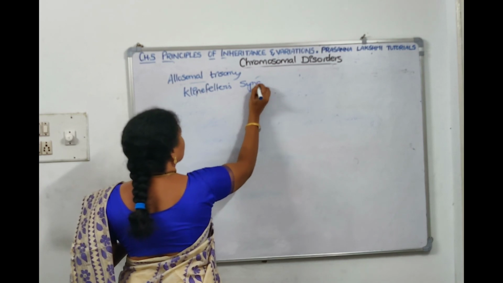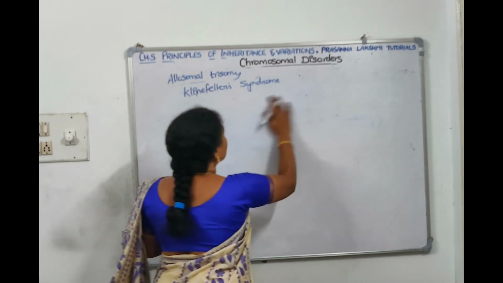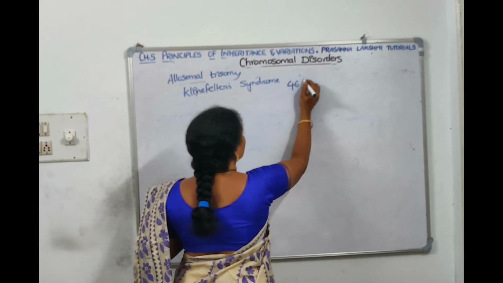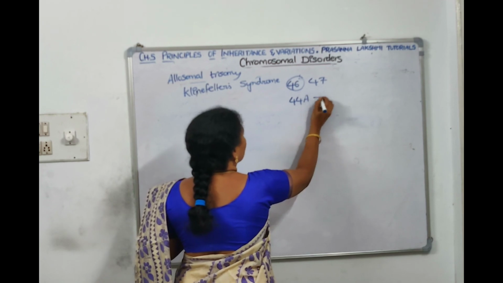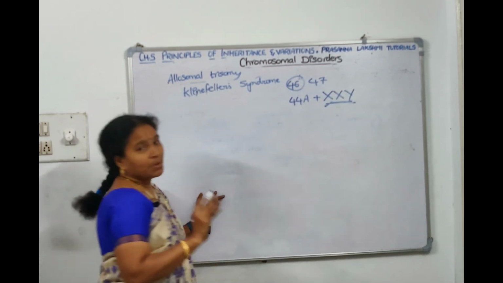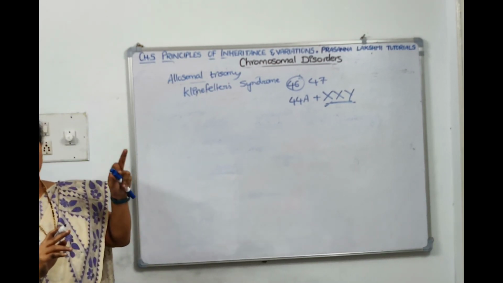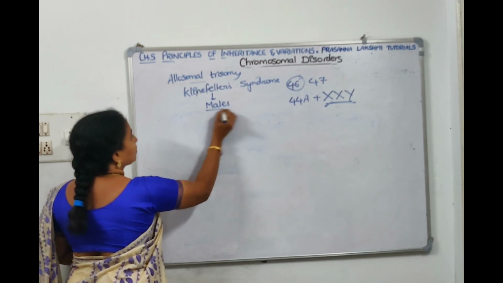Klinefelter syndrome. So trisomy means instead of 46 chromosomes, they have 47 chromosomes. 44 are autosomes plus XXY. One X chromosome is added. Since Y chromosome is there, they are males. So this is common in males.